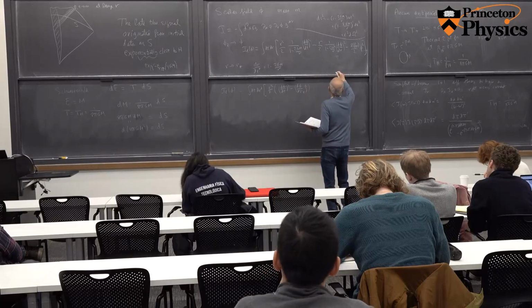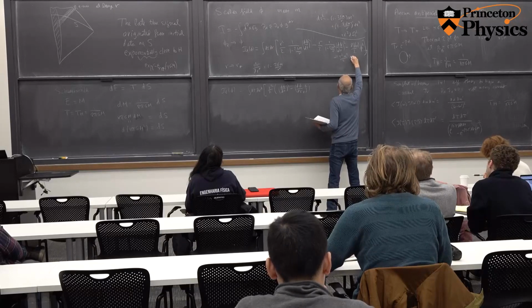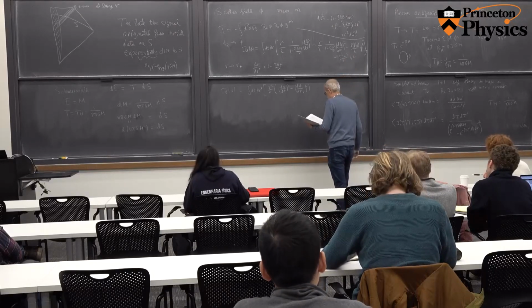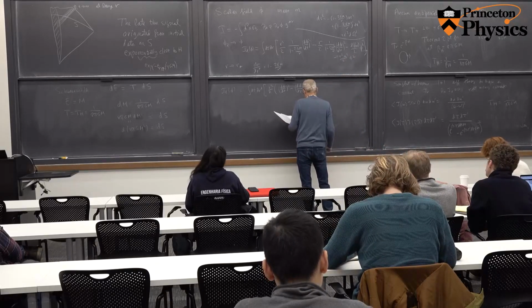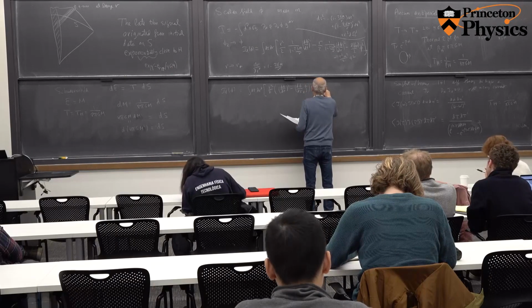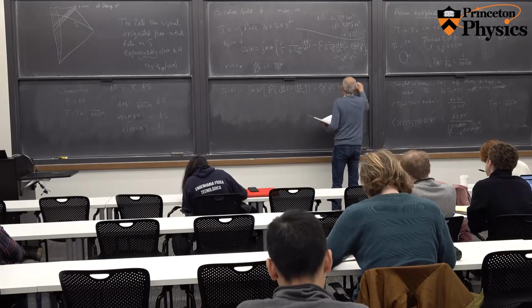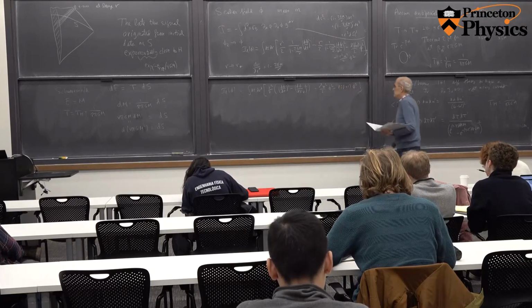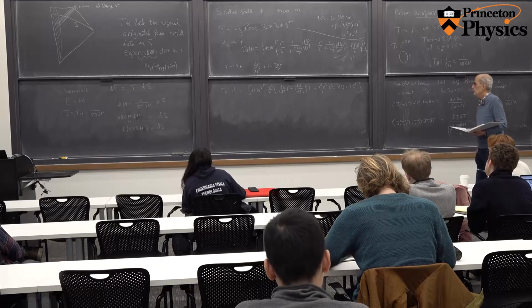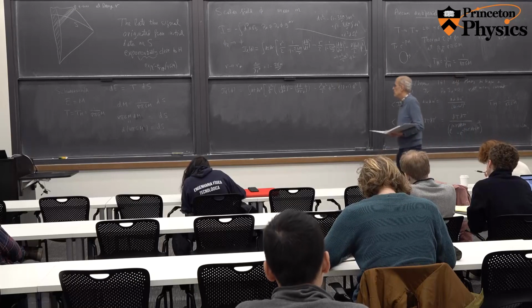I left out the mass term here, didn't I? The mass term with the r squared m squared over 2 times phi squared. So that's the effective action in terms of t and r star.